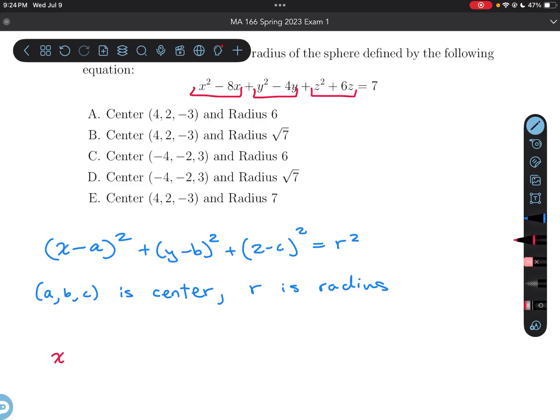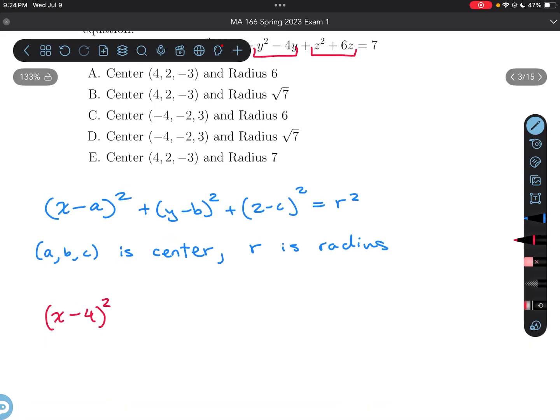An easy way to complete the square here: we have a coefficient of 1, so all we have to do is divide the coefficient of the x term by 2, and that is the number we use to complete our square.